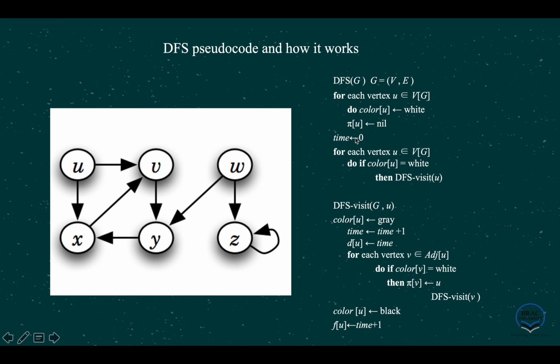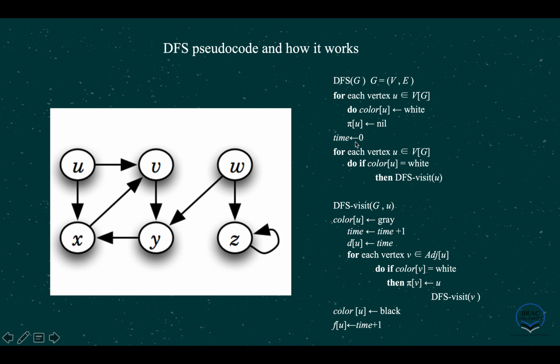Our next task is to go to the pi array. This array is for storing the values of predecessors. For now, just say we have an array called pi, and we initialized all the items of pi with nil. Then we go to time, and time at the beginning is 0.